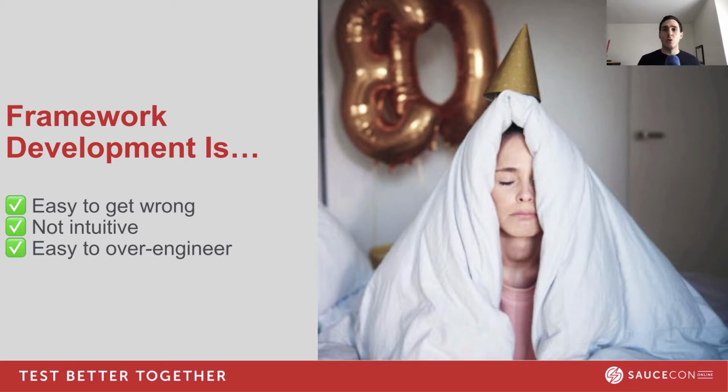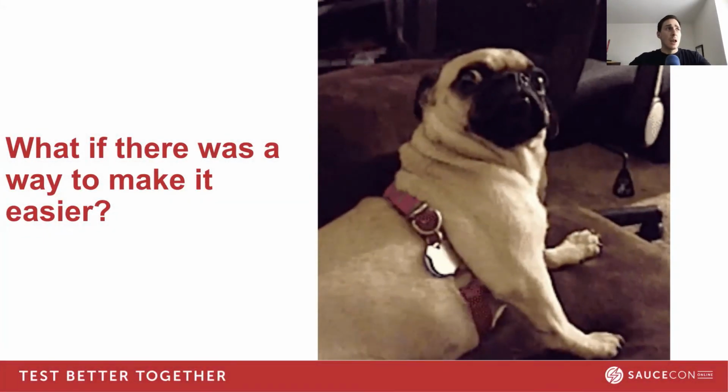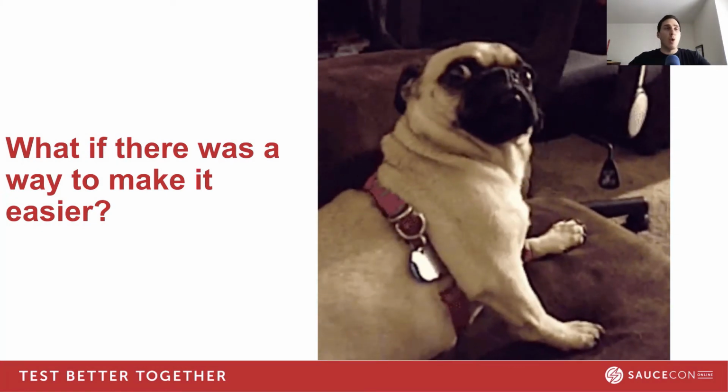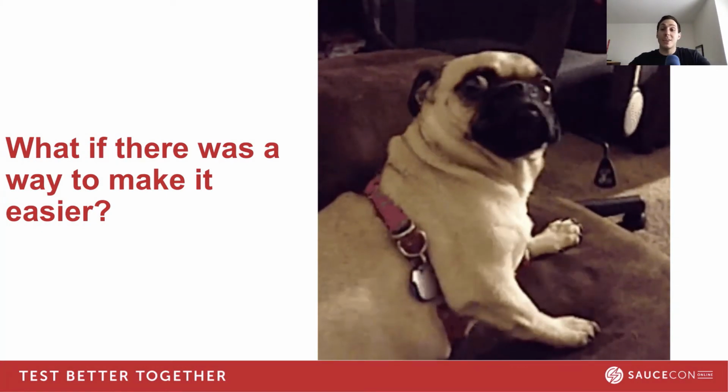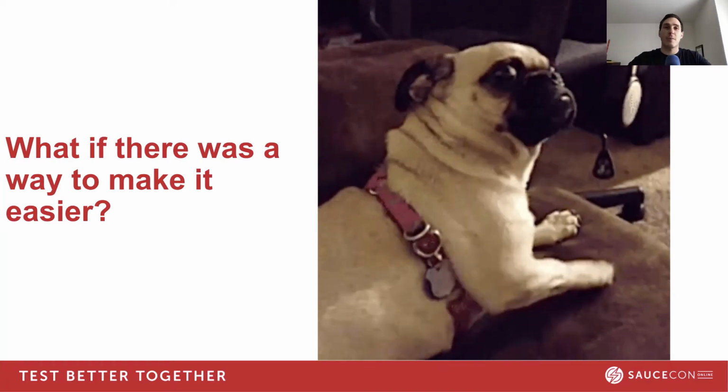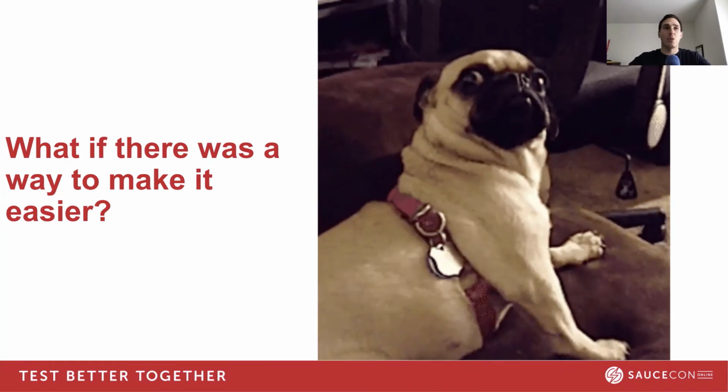We ultimately just stumble from workplace to workplace, picking up different skills while we're developing our automation frameworks, and ultimately 5-10 years down the line, we have the process down and can now create a good automation framework. But what if there was a better way, a way to make it more intuitive to create an automation framework for anyone that wants to start?